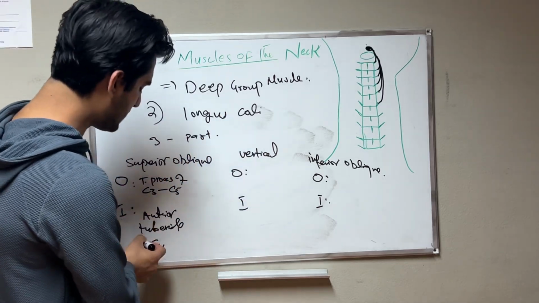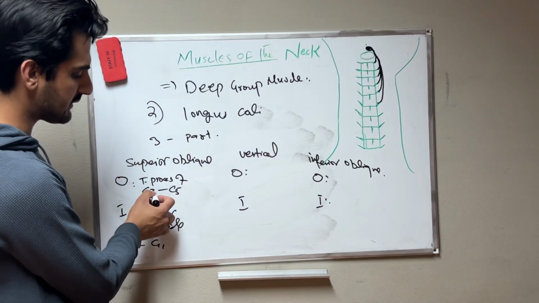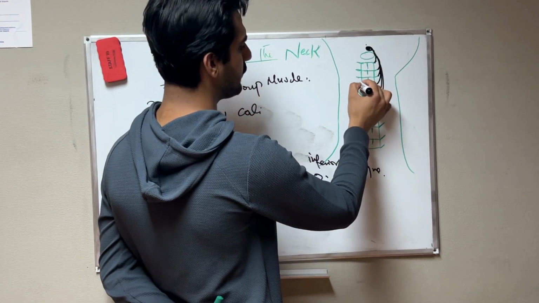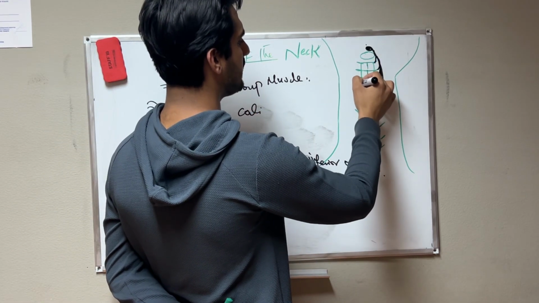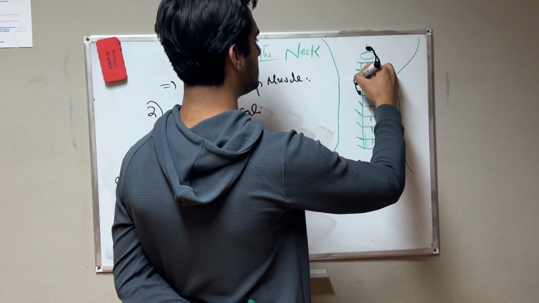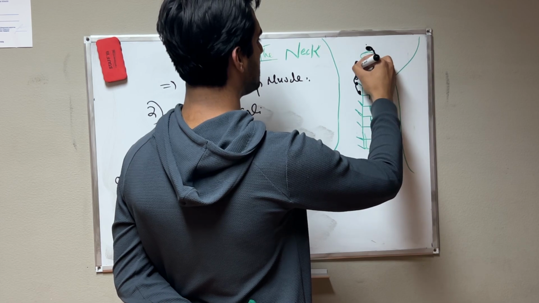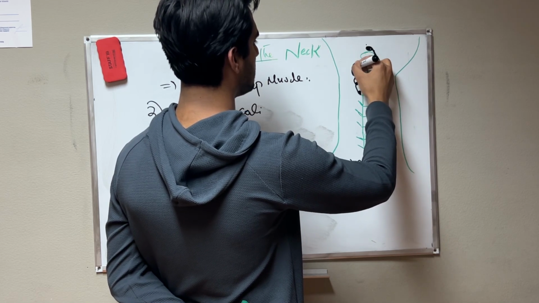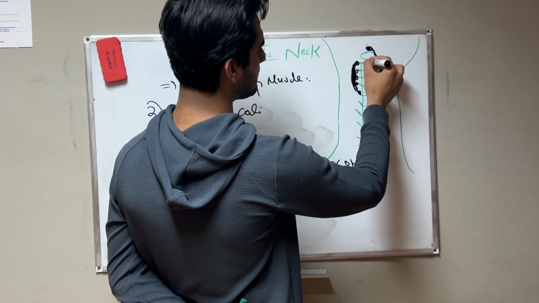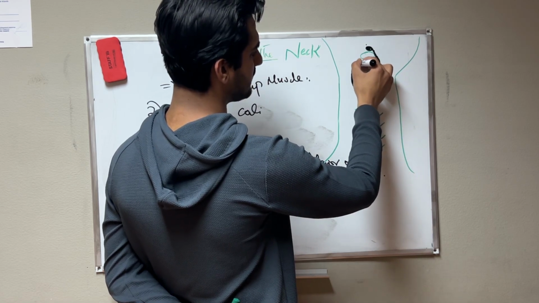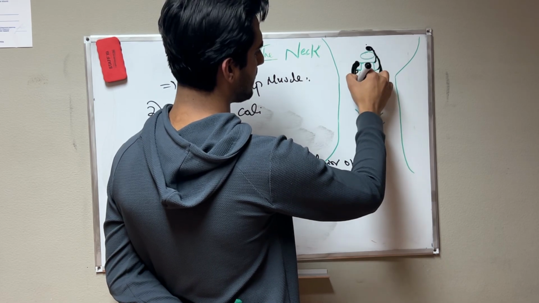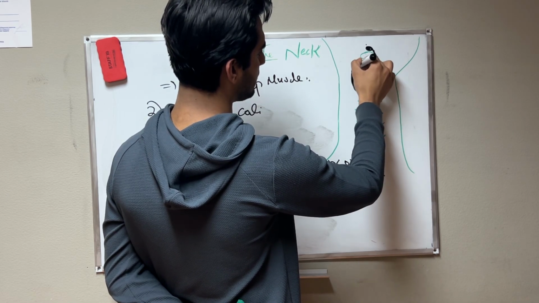Origin, transverse process of C3 to C5: 1, 2, 3, 4, 5. These are the muscle fibers which originate from these and are inserted here, to the tubercle, from the front.